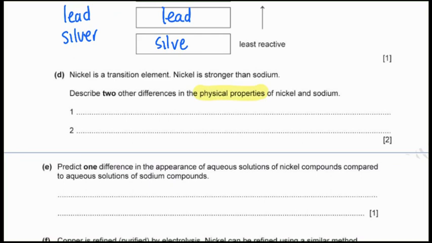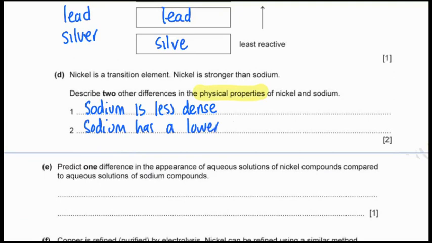Number one is that sodium in this case, remember it's a quantifiable question, so you can't write it because which one do we mean? In this case, sodium is less dense. All group 1 metals are less dense than the transition metals, and also sodium has a lower melting and boiling point.